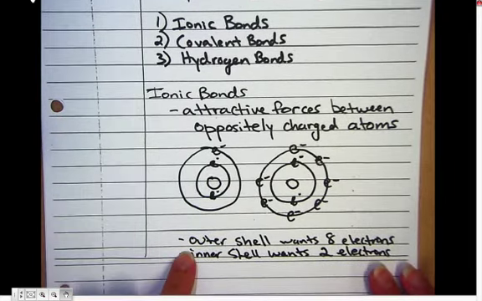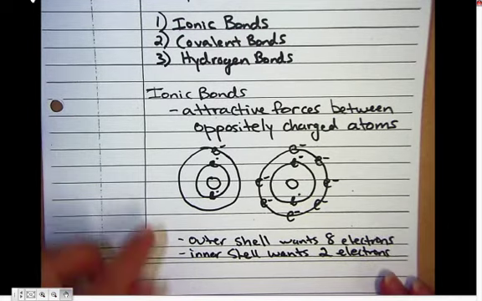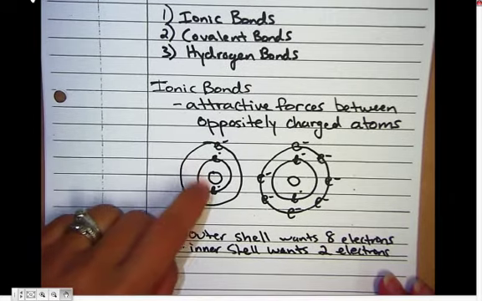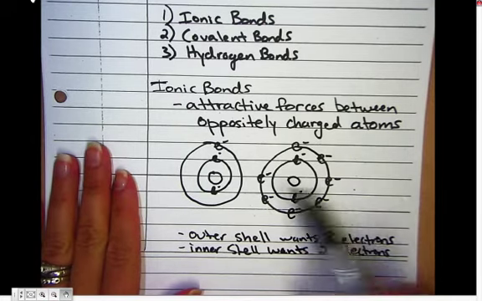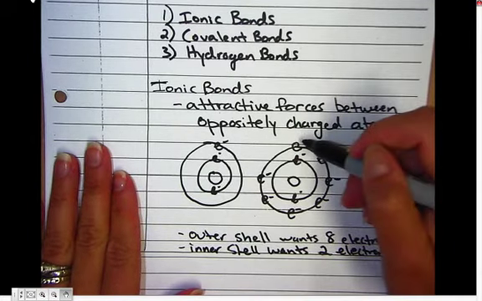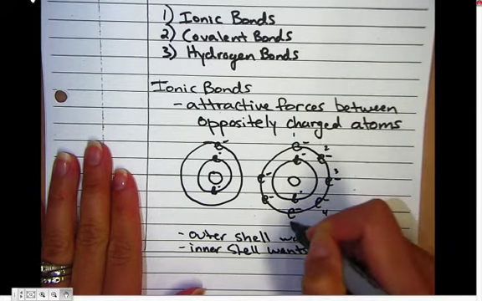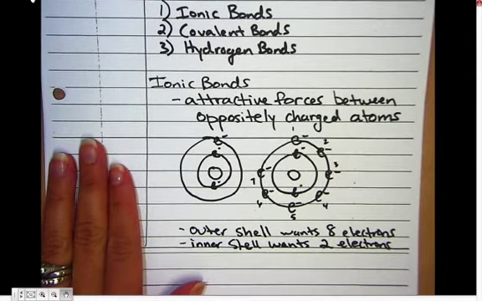So the inner shell wants 2 electrons, the outer shell wants 8. If we can't fill up the outer shell with 8, we need to take it down so that just the inner shell is full. So you can see we have 1, 2, 3, 4, 5, 6, 7 electrons, and we want 8.